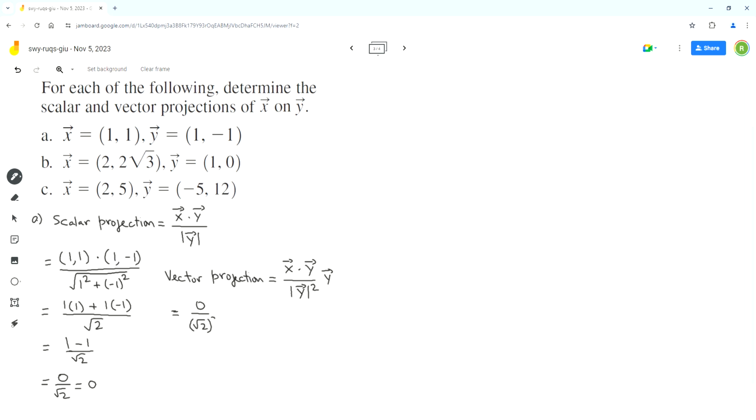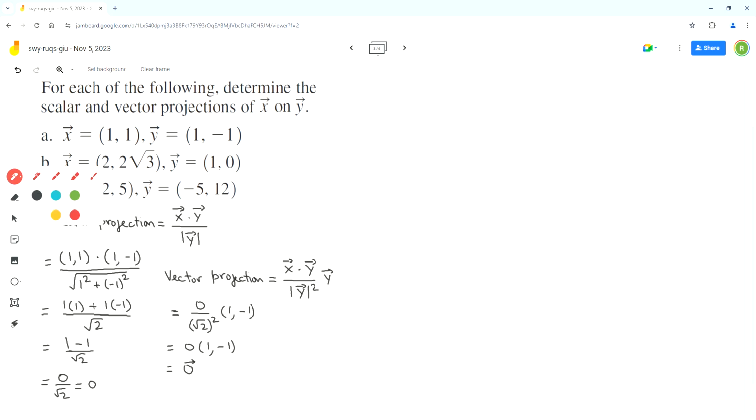So we square it and vector y is 0 over square root of 2 square is equal to 0. And as per the scalar multiplication, 0 times vector y will be equal to 0 vector. So for vector projection, the answer should be a vector. So this should be the vector projection for part A.